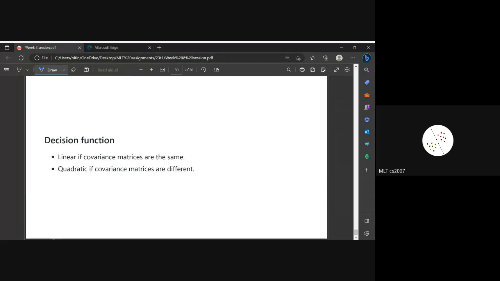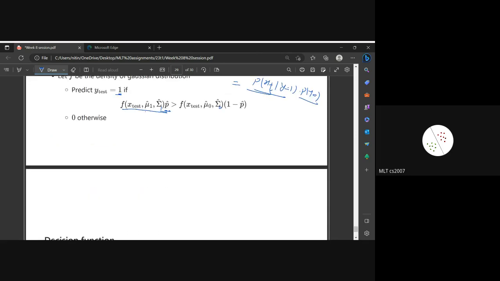That's it. And if you look at the decision functions, if the covariance matrices are the same, then the decision function is linear. Otherwise, the decision function will be quadratic if the covariance matrices are different. You can even prove that the decision boundary is all the data points for which the probabilities are the same. So p of y equal to 0 given x is the same as p of y equal to 1 given x.